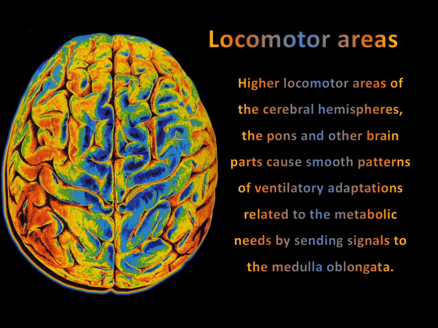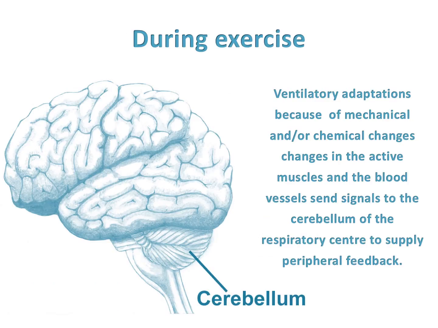These areas also react to the metabolic demands of the body and adjust ventilation accordingly. Active muscles send information to the cerebellum that further changes ventilation to meet the metabolic demands of the body during exercise.